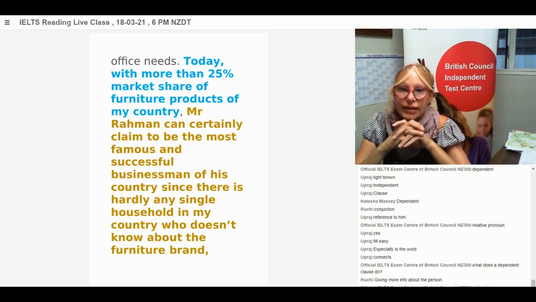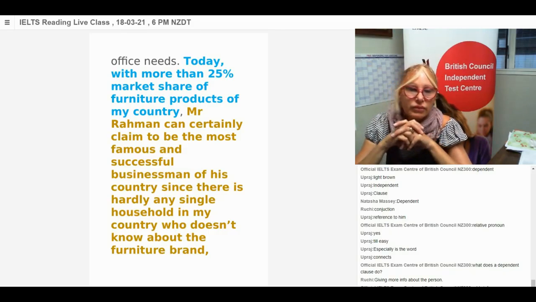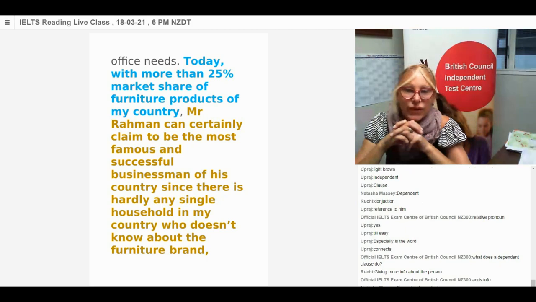Okay, so which part is dependent and which part is independent? Which part is dependent? Yeah, is brown dependent or blue?